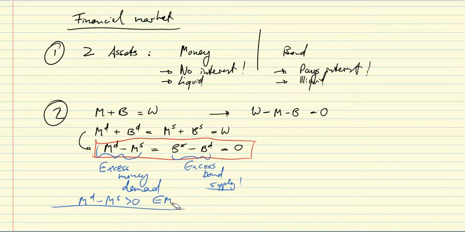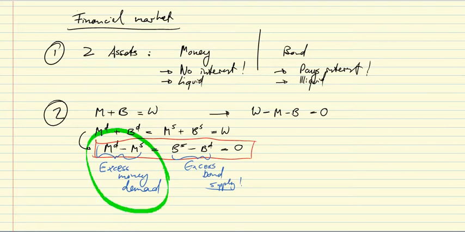So if excess money demand is equal to 0, then excess bond supply is as well equal to 0, and the financial market is in equilibrium. Which means, and this is the important conclusion, that for all our further discussions, we can focus on one of these assets. So we will look at excess money demand, and specifically what we will do is derive a graph.